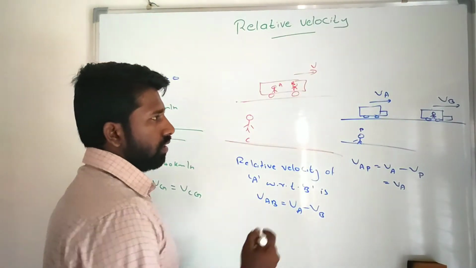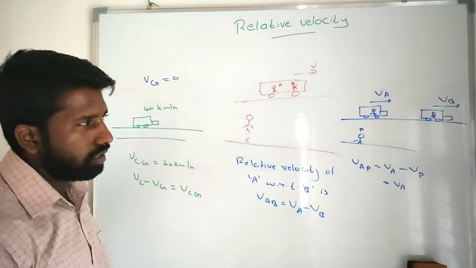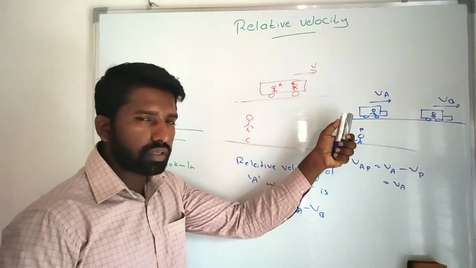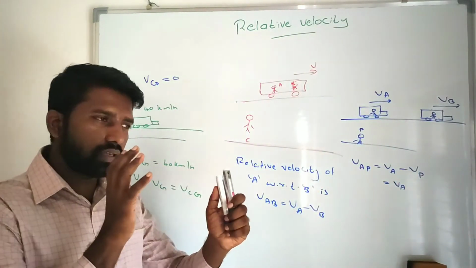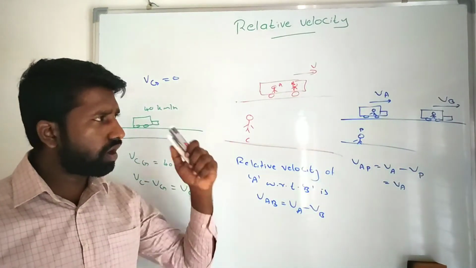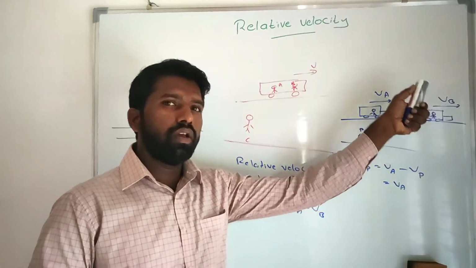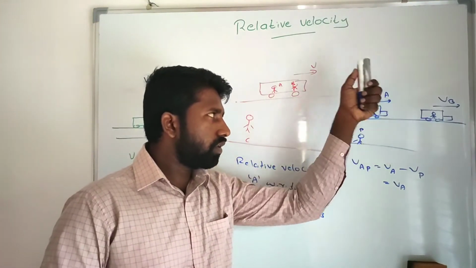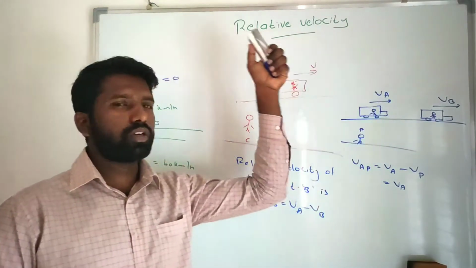If another person was in A, looking at B, for A person, B appears to be moving away. With what velocity will it appear? That is the relative velocity of B with respect to A. I will repeat: B appears to A person with the relative velocity of B with respect to A.